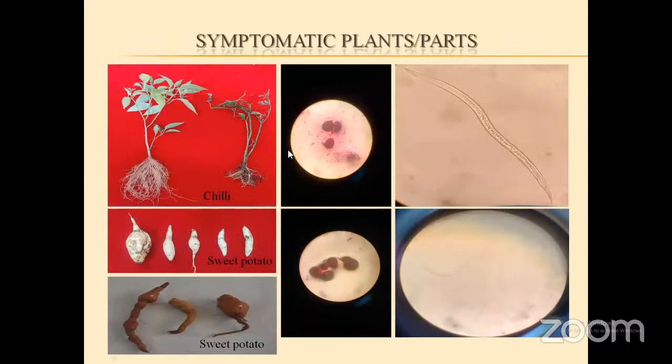And again, these are the symptomatic plant parts. See the chili. If you see the healthy chili, there will be good proliferous root growth. If it has been affected with nematodes, see how stunted the plant is, totally stunted. And as I already told you, the females which enter the root system acquire a bulbous shape, forming root knots.